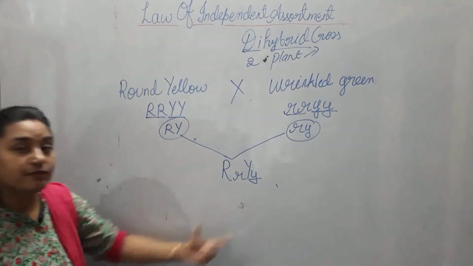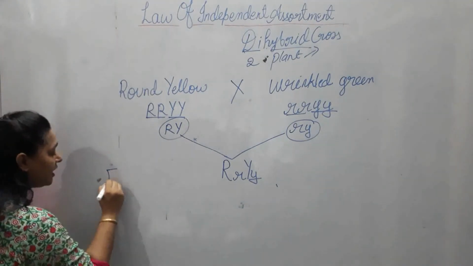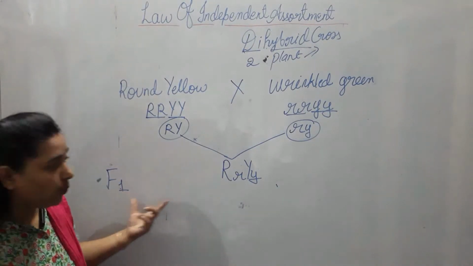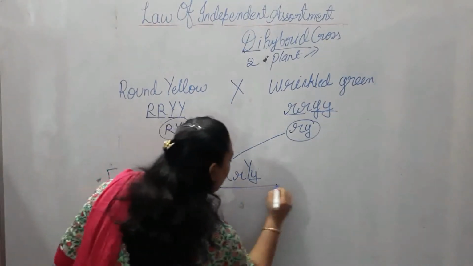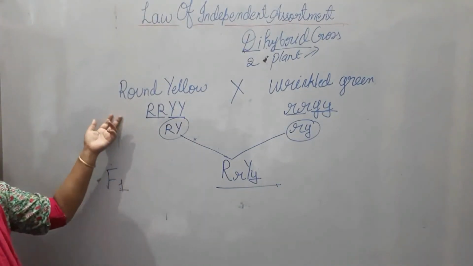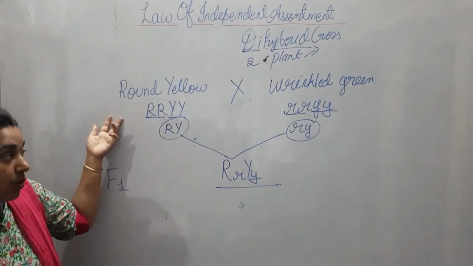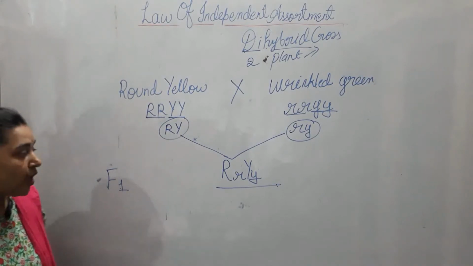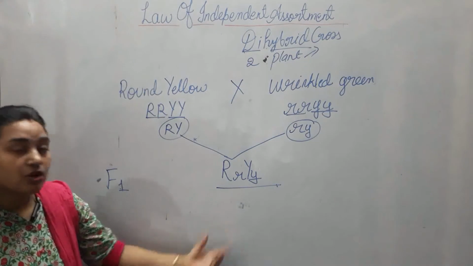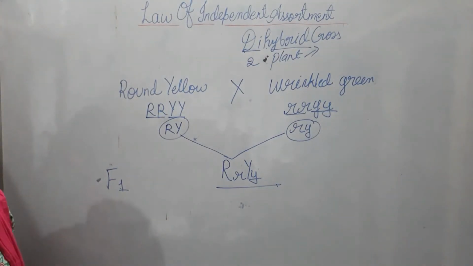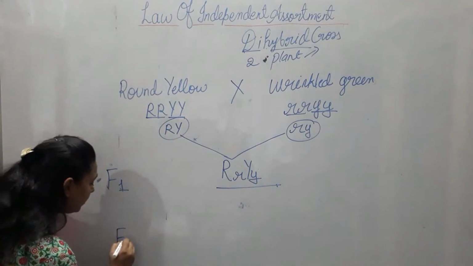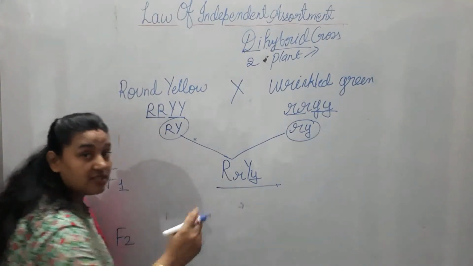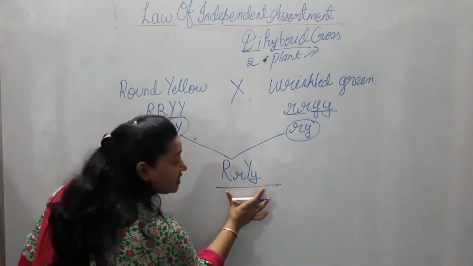When Mendel looked at his first progeny, F1, he found that all these plants were round and yellow. So he had to check the genetic character also. On the basis of this F1 result, he went for F2, and in F2 he again did selfing of these progenies.